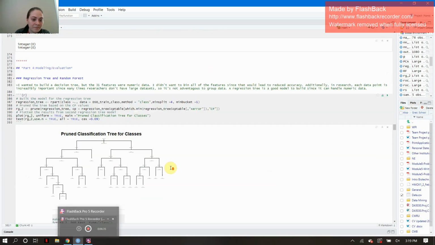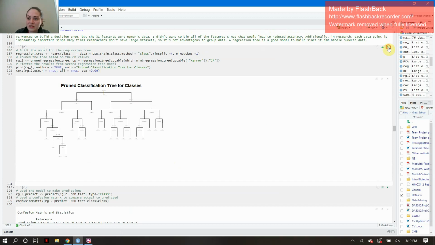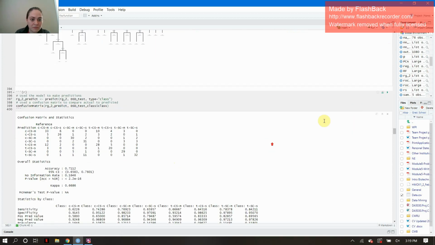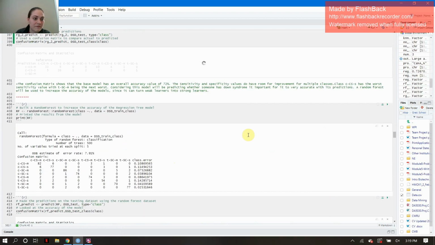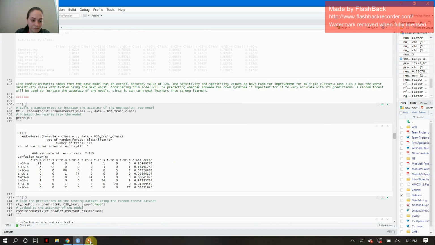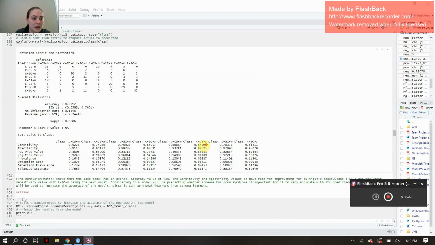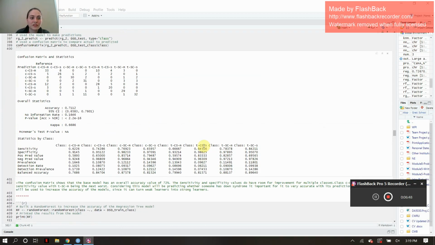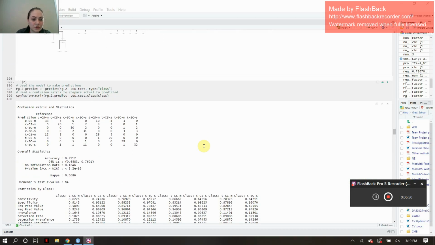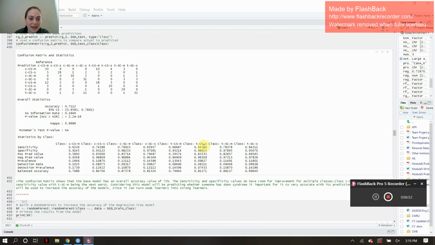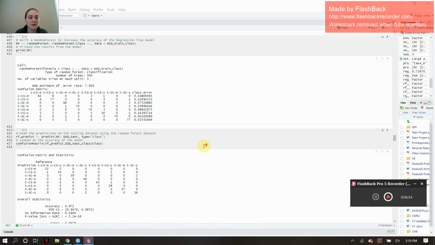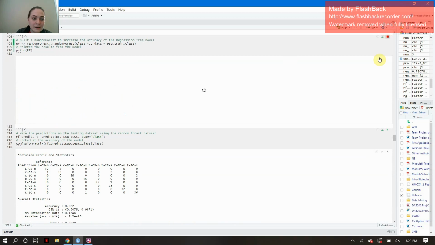So going back, this is my regression tree, just it running. And then we can look at the values. Okay, so it actually got a 71% accuracy, and this is after the tree has been pruned, so it does have a modification, but it still has a lower accuracy value, so I ended up going ahead and building a random forest.